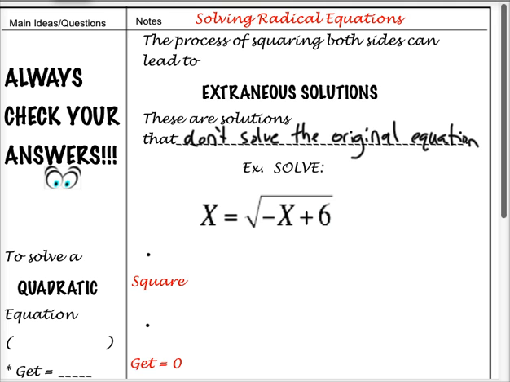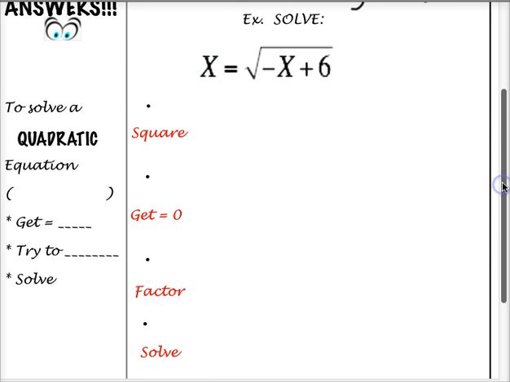Now, in order to solve these radical equations, you actually do exactly the same process at the beginning. First thing you want to do, you want to isolate the square root. So, in looking at this example, the square root is already by itself. So, because it's already by itself, I'm going to square both sides.